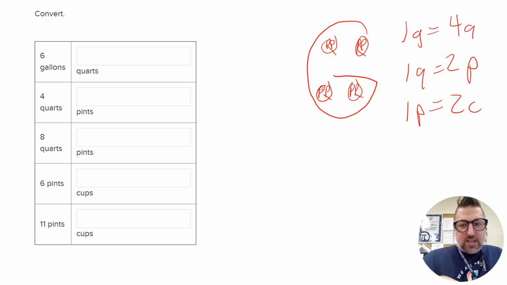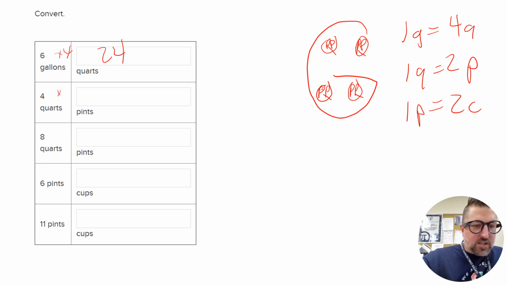So if I'm going from gallons to quarts, I have to do times 4 to find it. So 6 times 4 is 24 quarts.